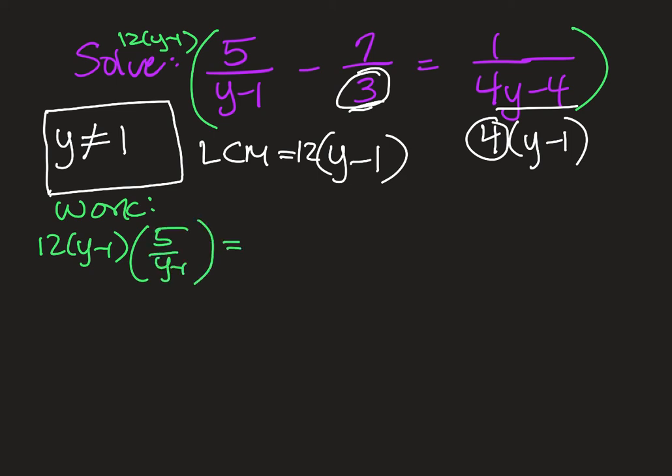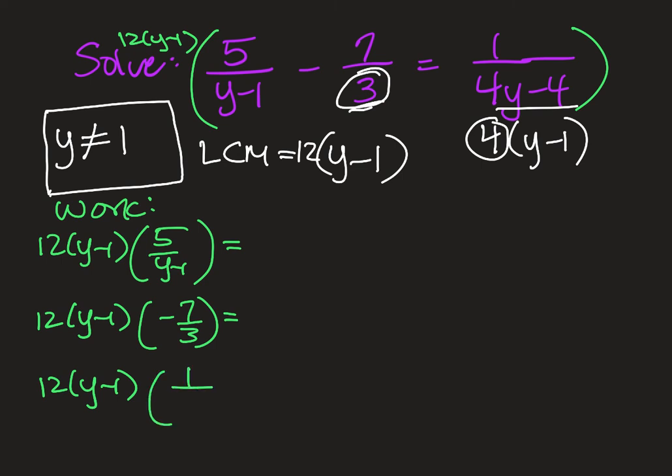I'll come back and do that in a second. I have to do the 12 times y minus 1 times the minus 7 over 3. And lastly, I have to do the LCM times the last thing, which is 1 over 4 times y minus 1. So that's all my work to build my new equation.